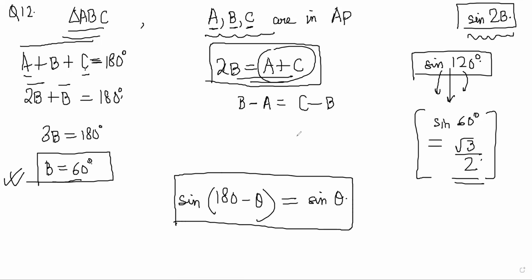And here, if you write sine of 180 minus 60, that will be equal to sine 60, right? So this is 120. We will do that trigonometry part here, but you should have been able to find angle B as 60 degree yourself also. That was not trigonometry.